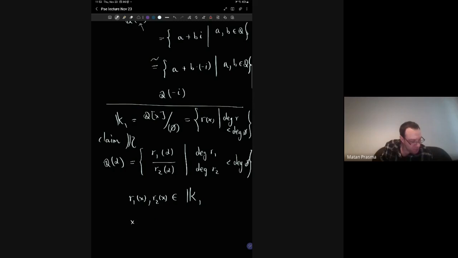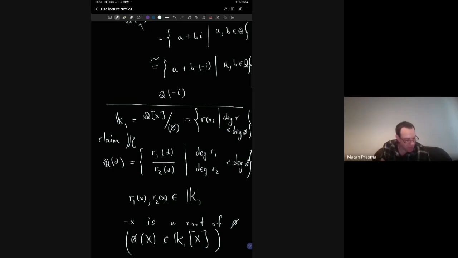But remember that x is a root of phi. It was a root of phi when I consider phi of capital X in K1 of capital X. But this is just to say that X is a root of phi. But X, we called it alpha.